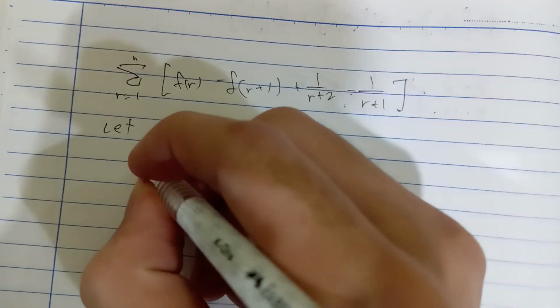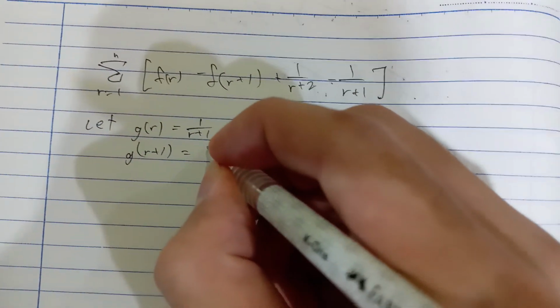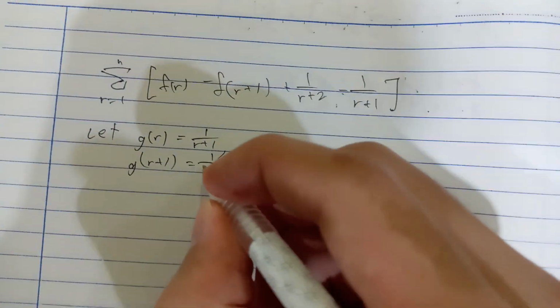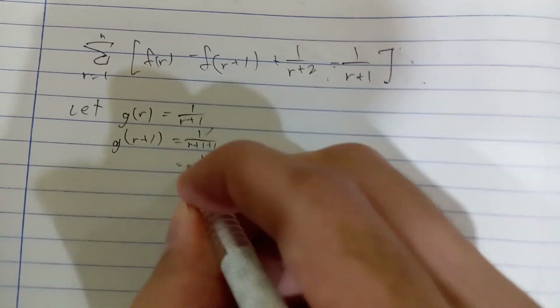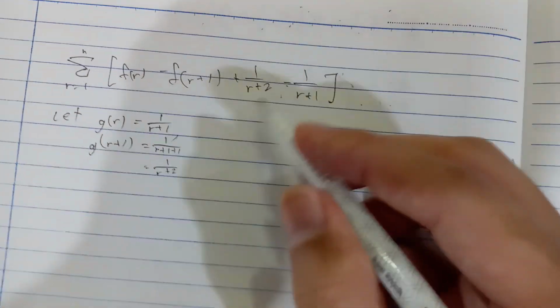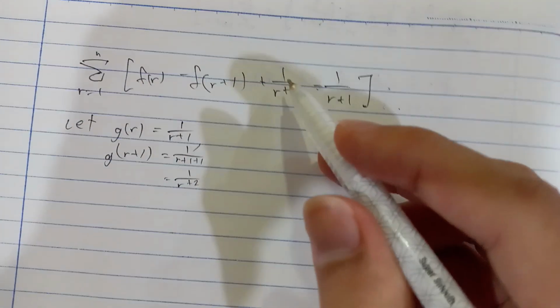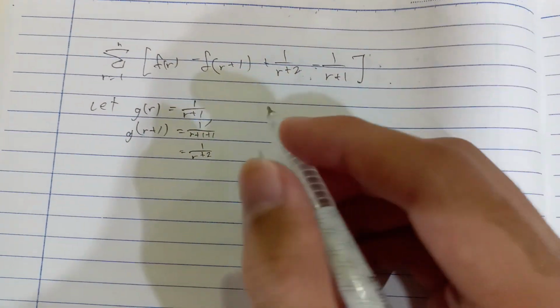So g(r+1) equals 1 over r plus 1 plus 1, which equals 1 over r plus 2. So now the denominators of both of them are the same, and the numerator is also exactly the same. So that's better. So I'll rewrite the whole thing again, but with function g in it.